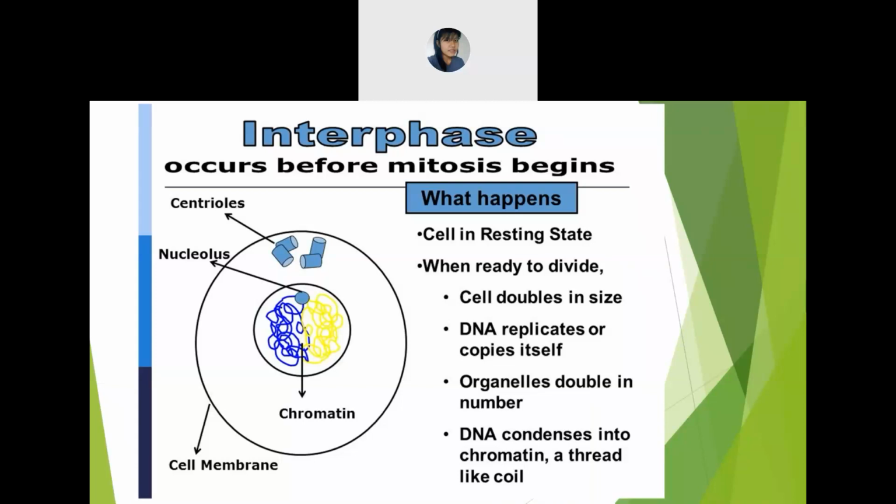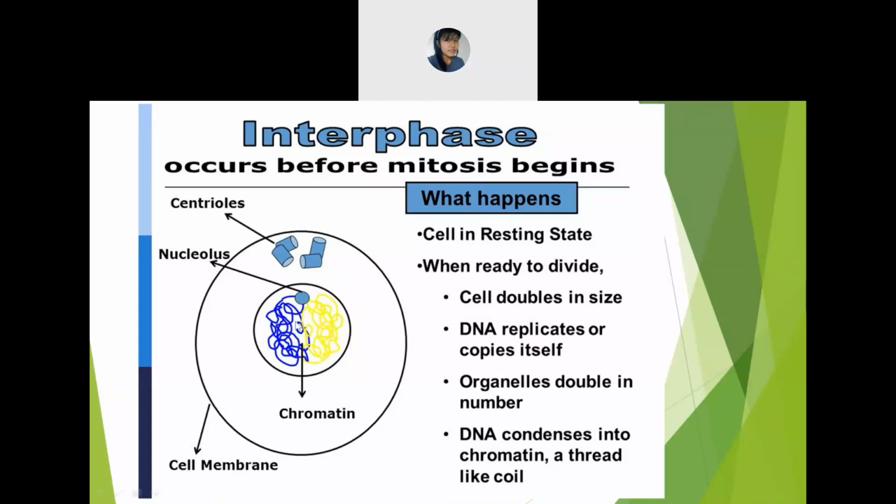As well as the organelles, whatever organelles are there in the cell, they double in number, not triple, not single, they double. And the DNA condenses into chromatin. Condense means they combine together in such a way that they form a chromatin. So this is a chromatin. I hope you can see the chromatin, and the chromatin is like a thread, just like a coil.